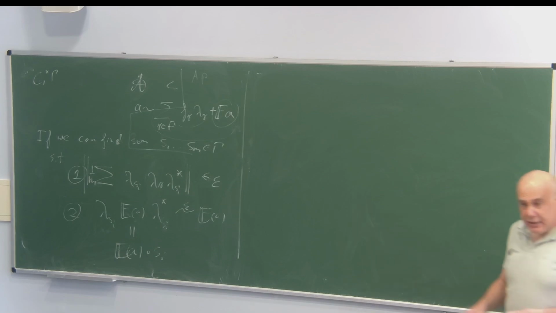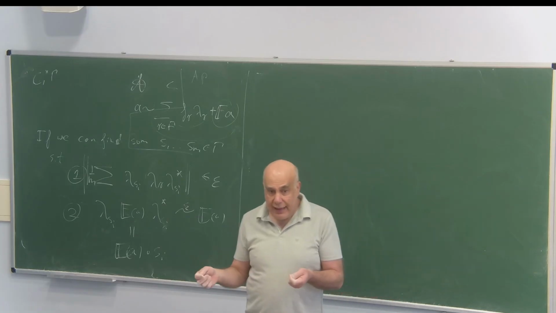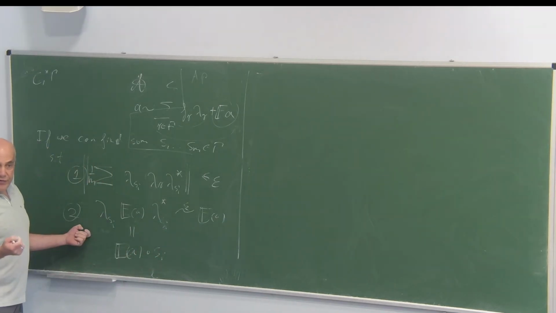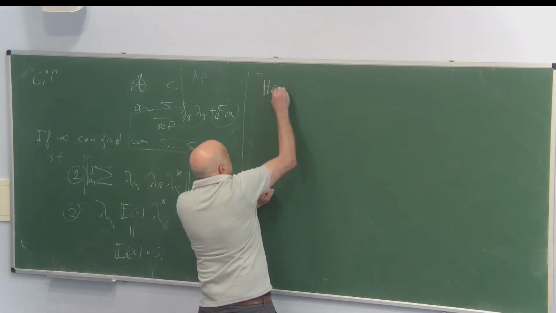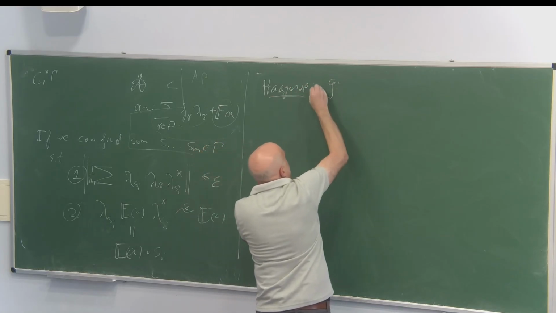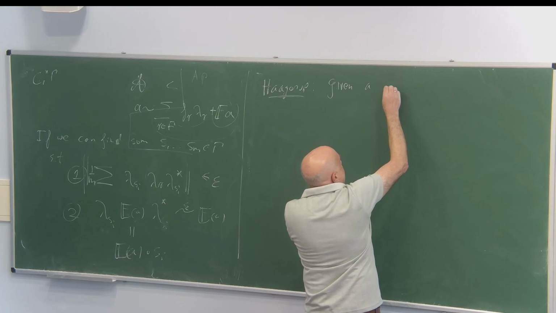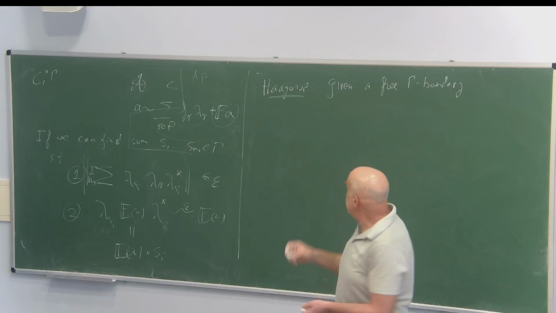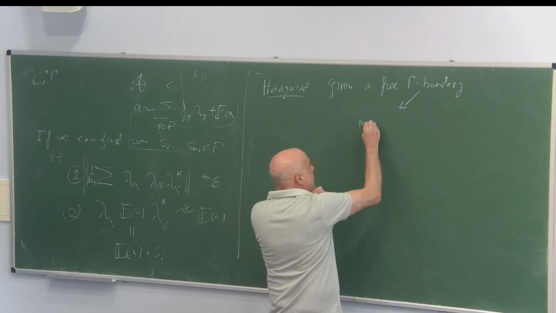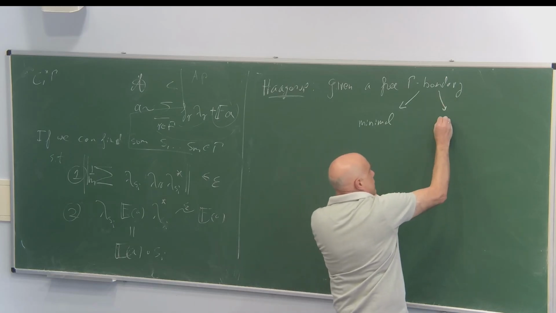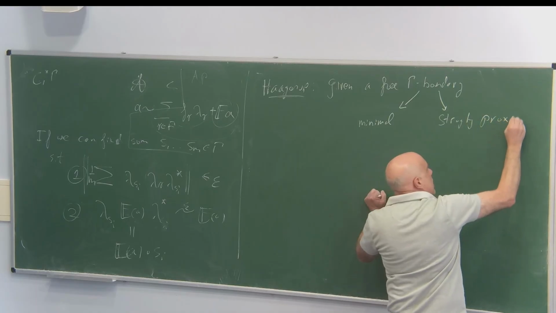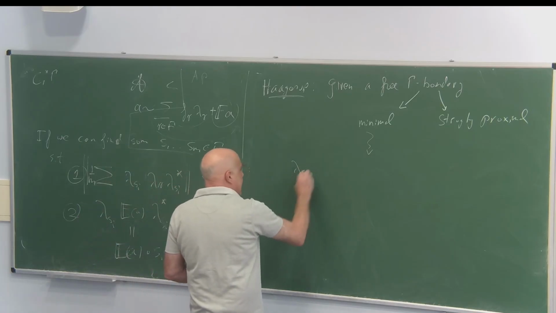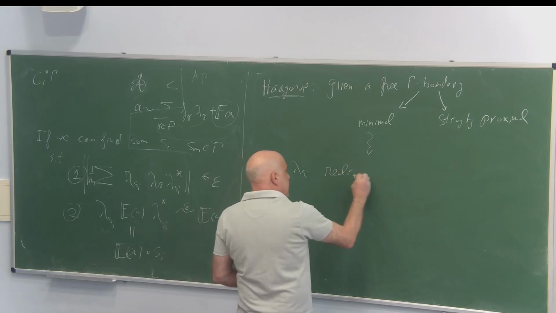In order to achieve this, we follow Hagerup's strategy, which shows that given a free gamma boundary, which is now known to be equivalent to C-star simplicity, meaning a minimal and strongly proximal action, he constructs a sequence of elements lambda_{s_i} which realize a contraction.